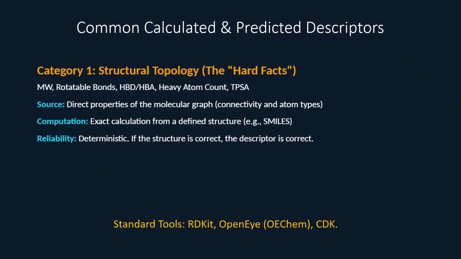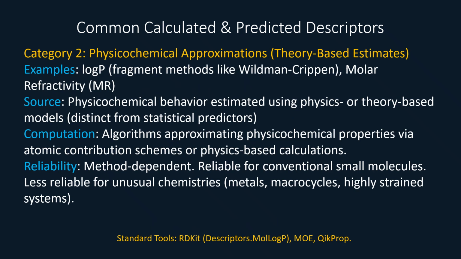Now, let's talk about theory-based estimates. So this second category includes descriptors like logP or molar refractivity that are estimated using established physical chemistry methods.